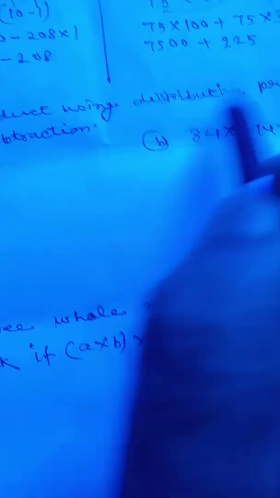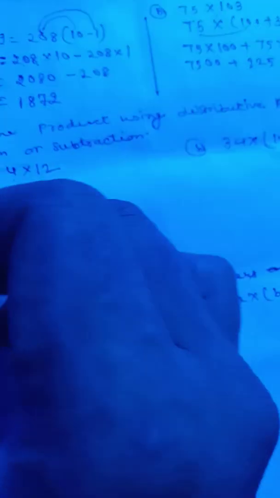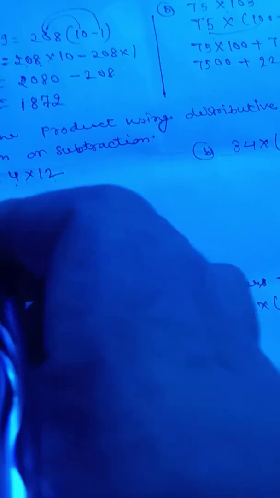Now the next question number 3. Find the product using distributive property over addition or subtraction. There are 3 numbers given. So the product of 25 into 4 into 12 is equal to what? So we just write here 25 into 4 into 12. So 4 into 12 is equal to 48. 25 into 48.